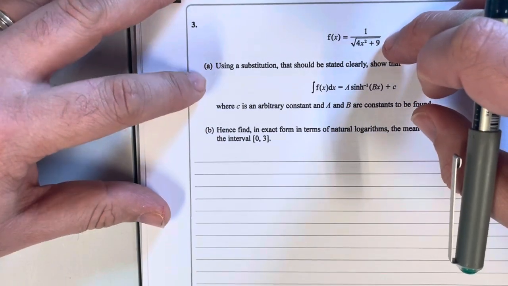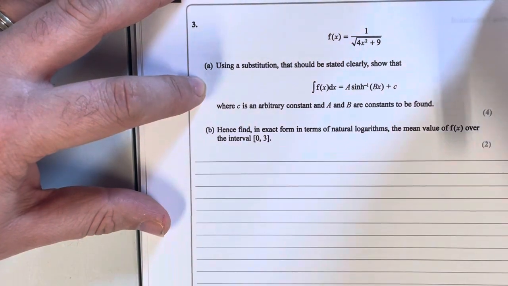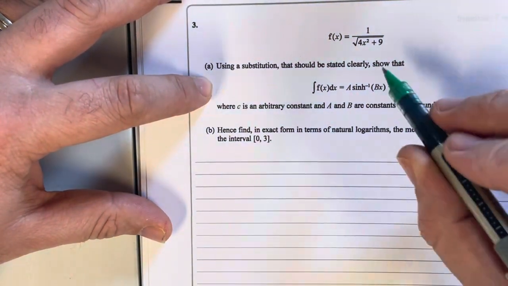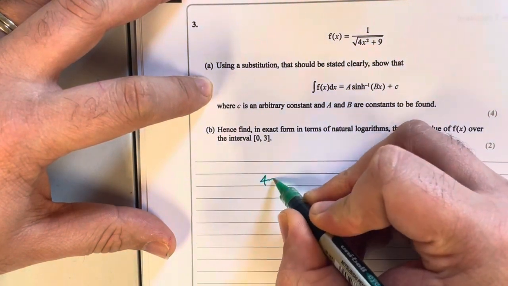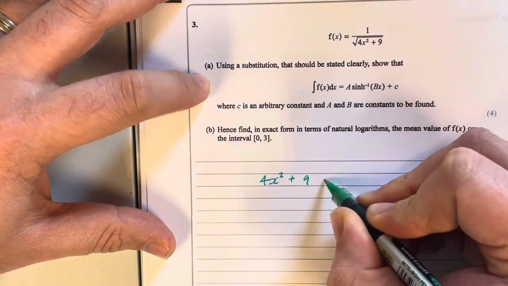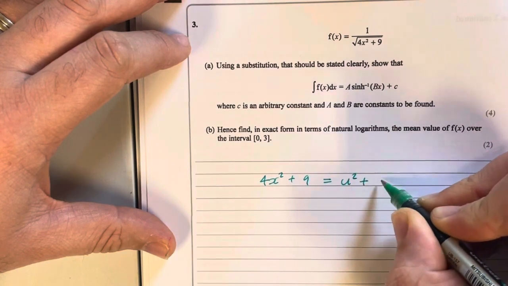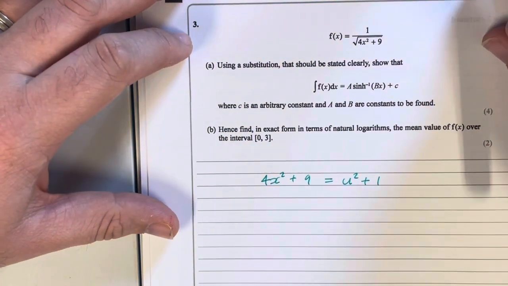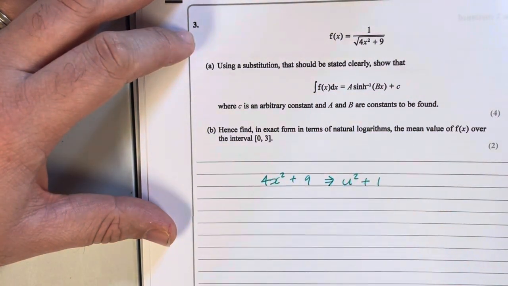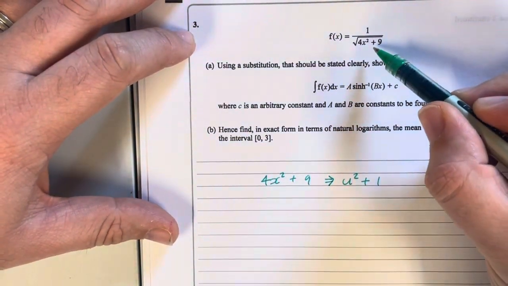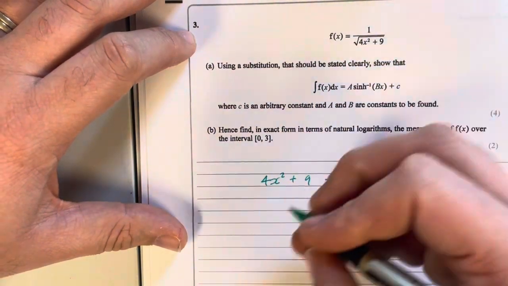We're going to integrate. Okay, so my initial instinct is to try and make that denominator u squared plus 1. So I'm going to say 4x squared plus 9 equals u squared plus 1. That's the substitution I'm ultimately going to try and get to. So what I'm going to do is pull out 4/9 from that.